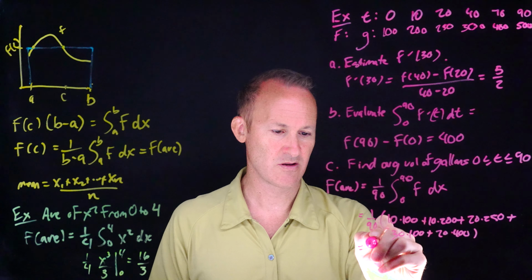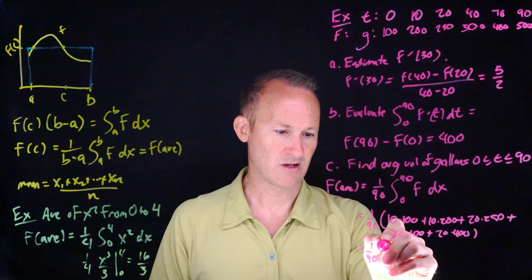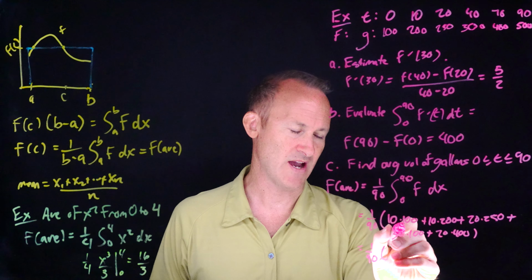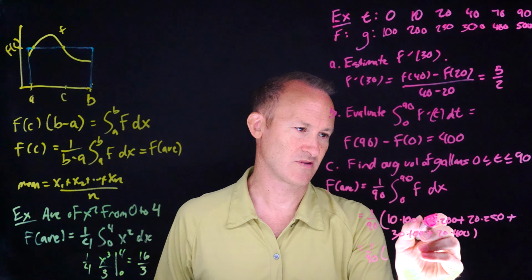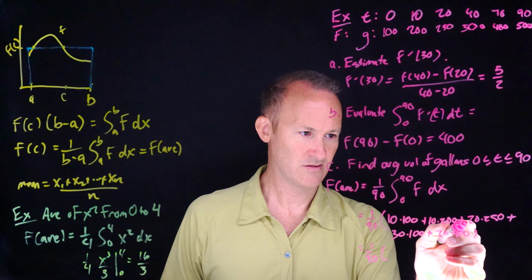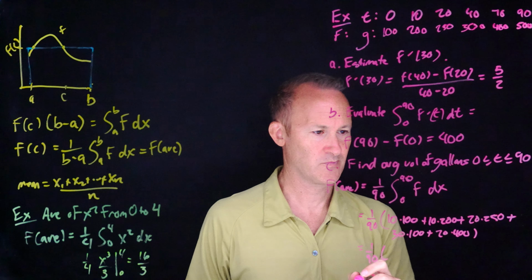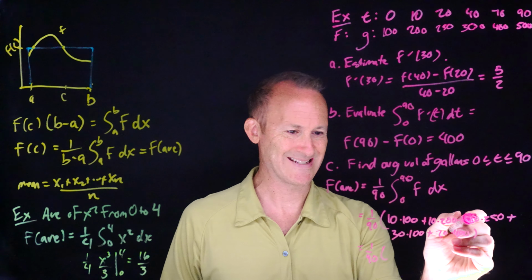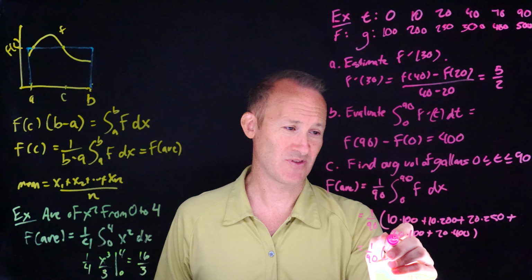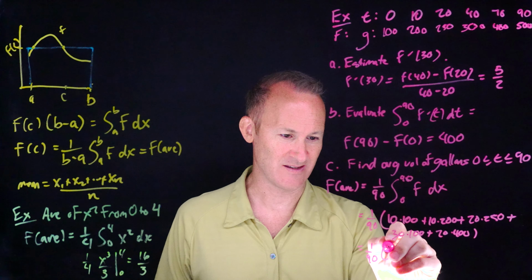So we get 1/90th times what? Well, we've got 1,000 plus 2,000 is 3,000. Is that right? 3,000 plus 5,000 is 8,000. 8,000 plus 3,000 is 11,000. We get 19,000 here.